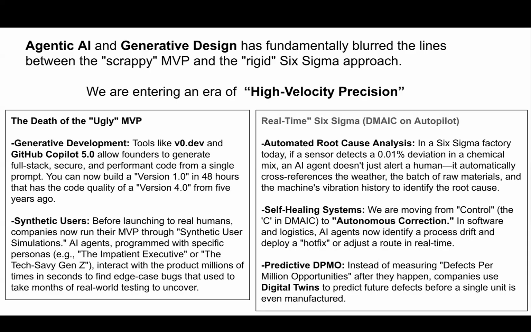And then you've also got this idea where you can, instead of going through a huge amount of design, development, and manufacturing and testing, where you're looking in Six Sigma at the very end at these defects per million opportunities, do what we did in MVP.